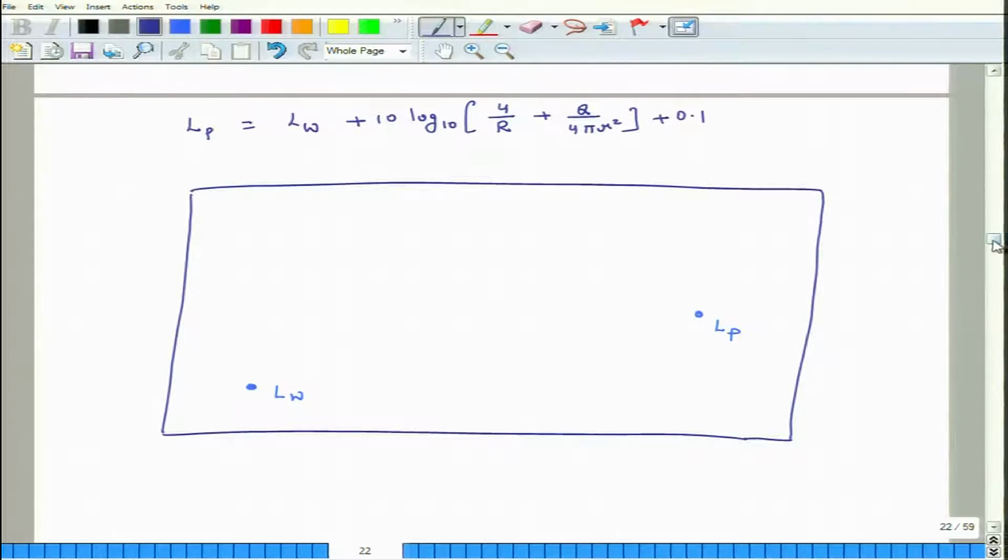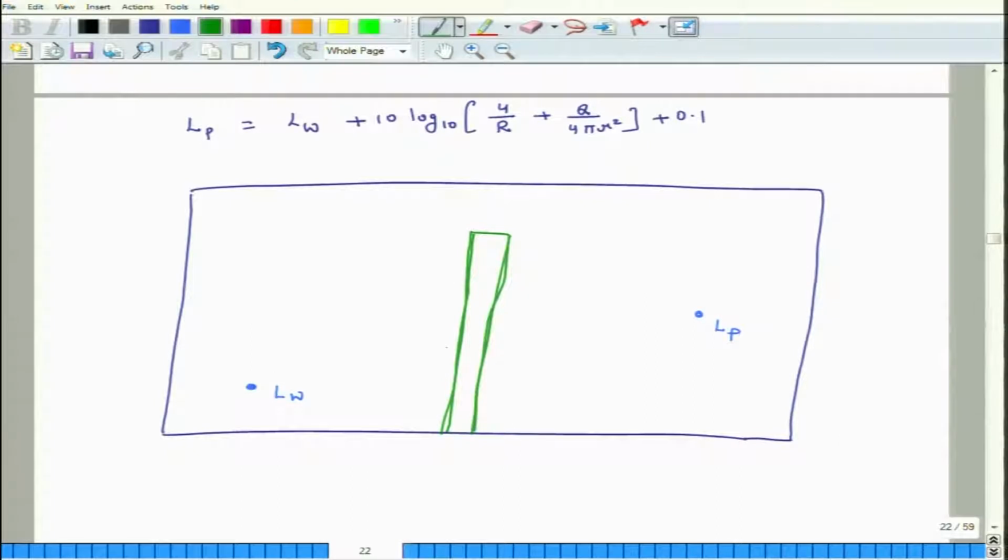Once the barrier is introduced, think about it, what happens? Suppose I introduce a barrier here, what I have effectively done is that I have done two things. I have introduced two more reflecting surfaces. This is the first reflecting surface, right.